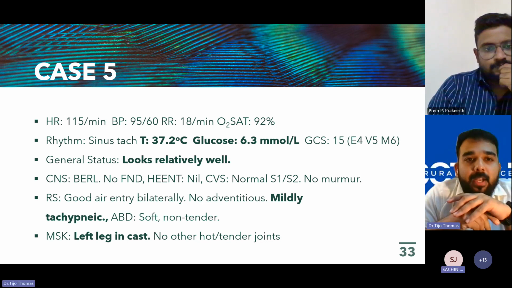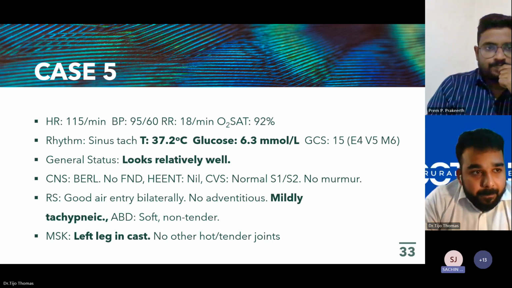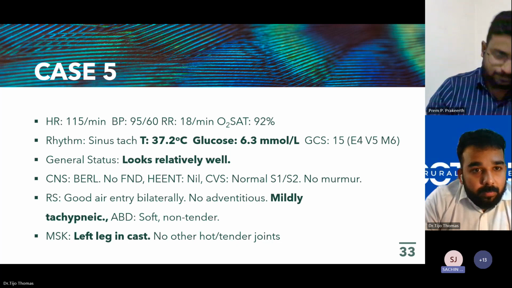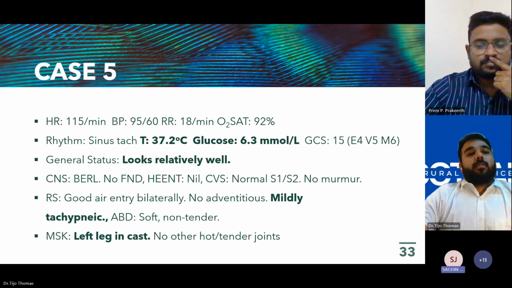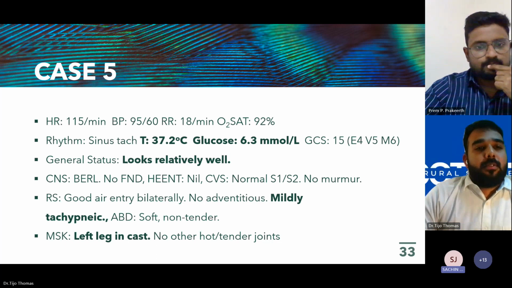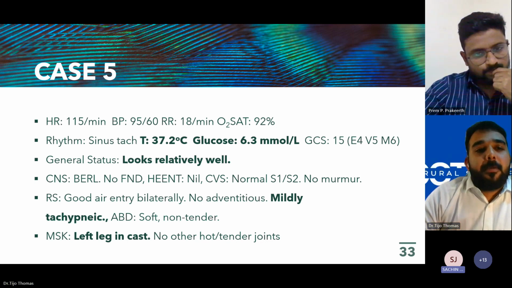No head and ENT findings. RS: good air entry bilaterally, no adventitious sounds, mildly tachypneic. Abdomen soft and non-tender. Musculoskeletal: leg in cast.